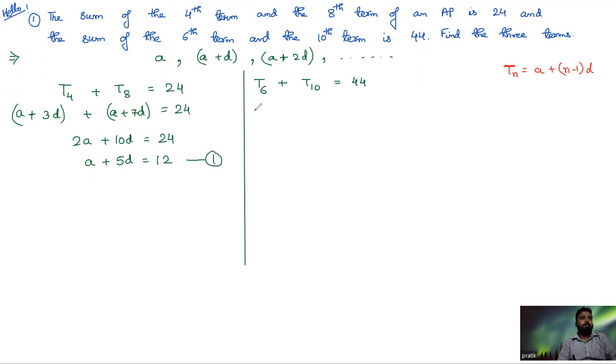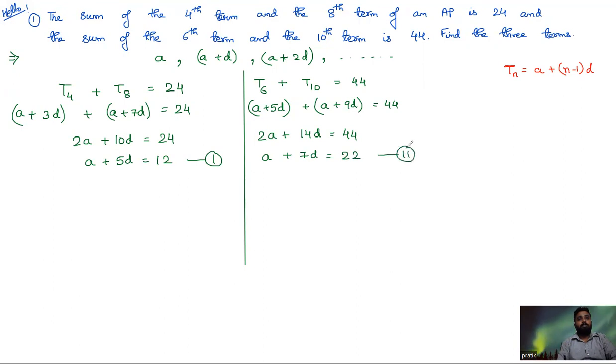Coming ahead with the same thing, this is A plus 5D plus A plus 9D equals 44. When I simplify this, it is 2A plus 14D equals 44. Again 2 is common, so A plus 7D equals 22.